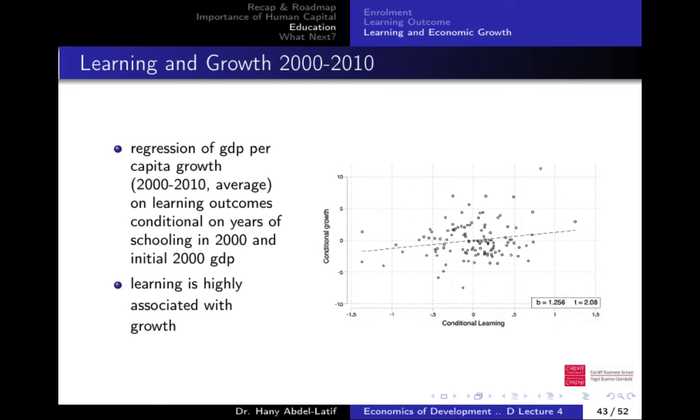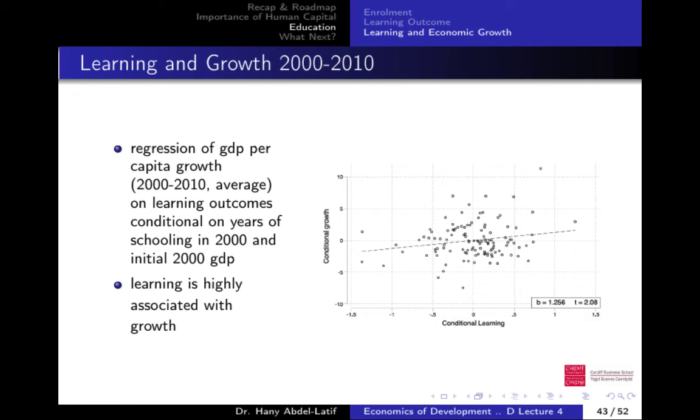Even without seeing this, it is something you expect. If you have better quality human capital, you'd expect a higher growth rate. But here we have empirical evidence that shows that. Better human capital means higher growth rates, and this is exactly what this evidence shows us.